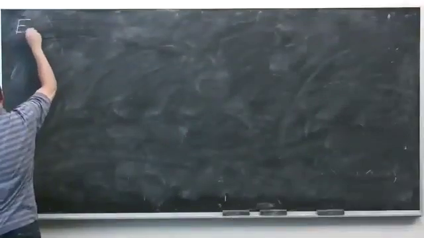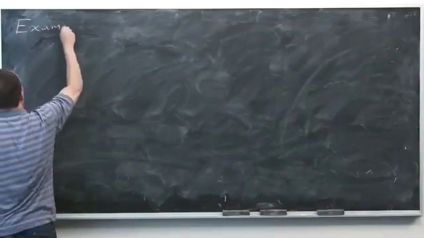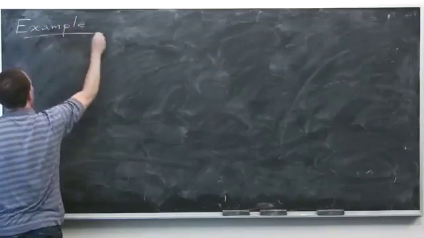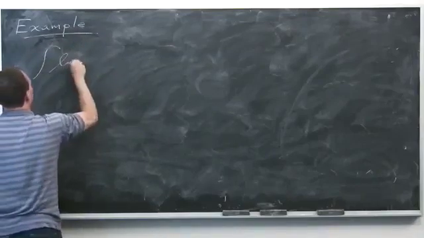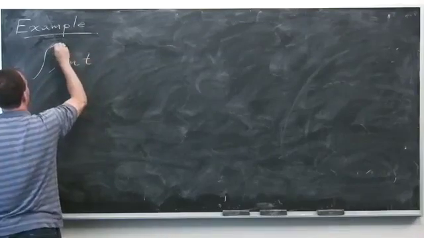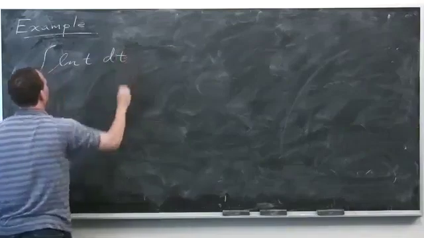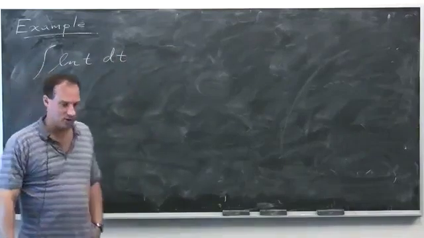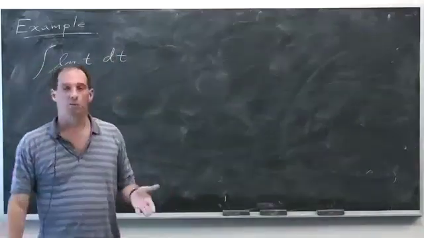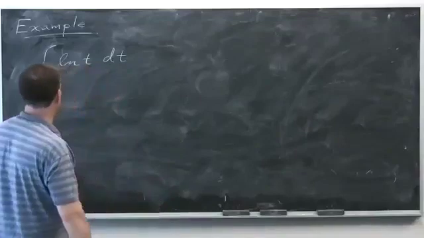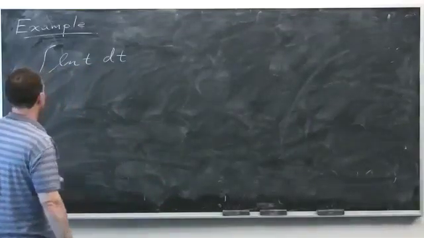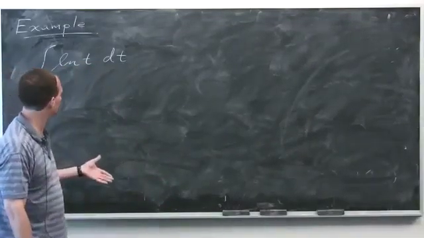But let's do the example of just the integral of natural log of t, the thing I said that you don't know, presumably. Why on earth would you suspect this is an integration by parts? You probably wouldn't. But if someone said, integrate it, well, there's no nice substitution to make.